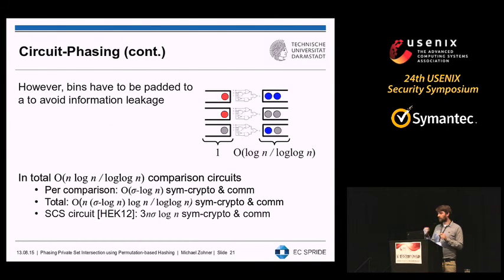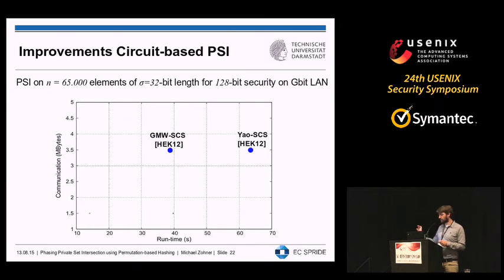So in order to find out how much we concretely gained, we did experiments. In blue, you see the evaluation using the sort-compare-shuffle circuit. On the left side, you see the GMW technique, and on the right side, Yao's garbled circuits technique. These are basically just two ways of how to securely evaluate a Boolean circuit.